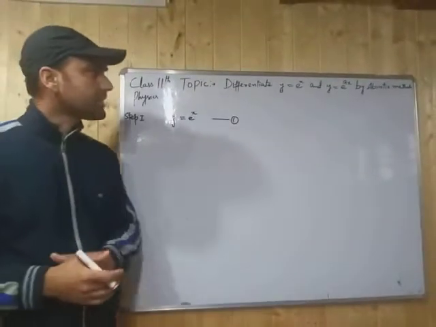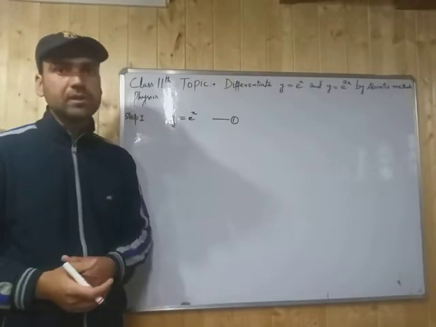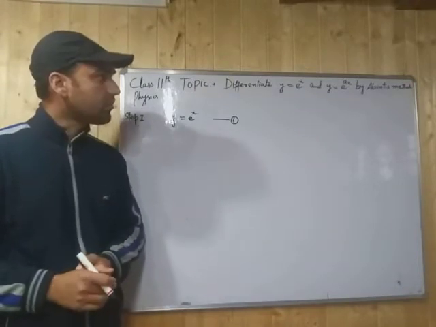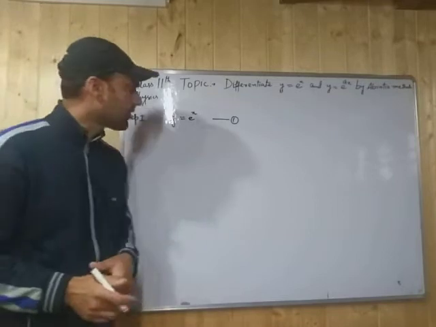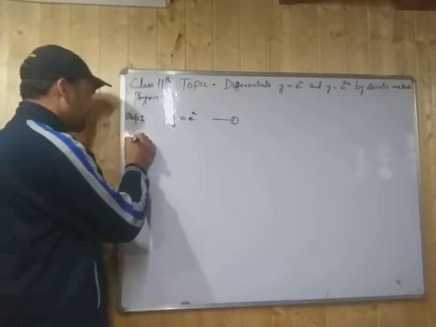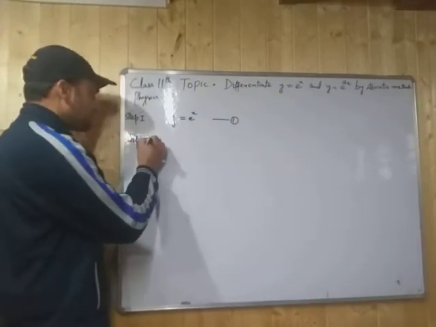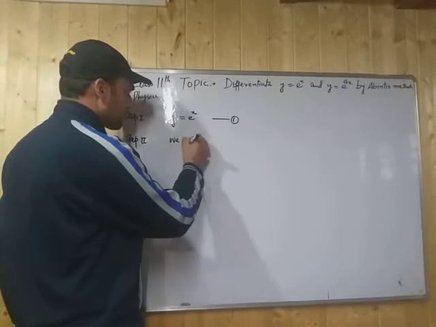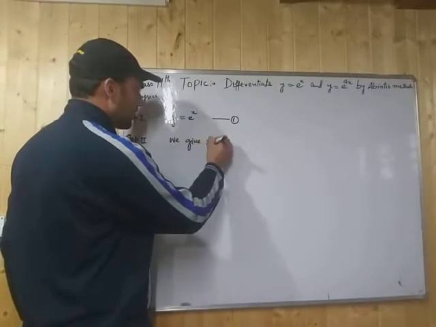And the second step is we give the small increment of y as y plus del of y and x as x plus del of x.